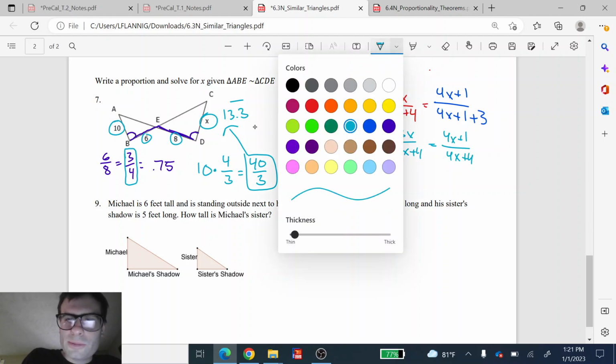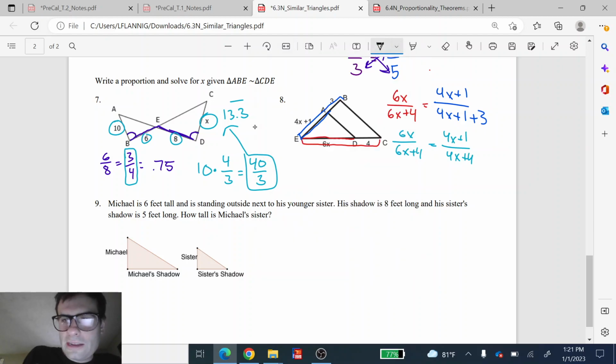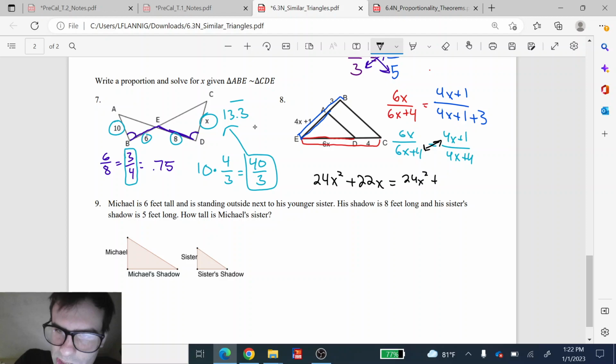And when you do cross multiply, you'll get 6x times 4x, which is 24x squared, and 6x times 4, which is 24x. Then you do 6x times 4x because you're multiplying here now. That's 24x squared. Oh, that's nice. It's the same on both sides. 6x times 1, which is just 6x.